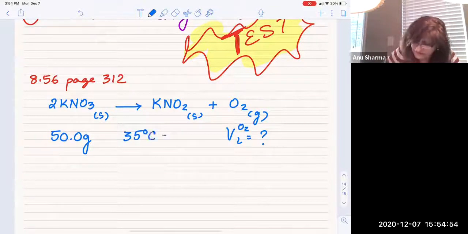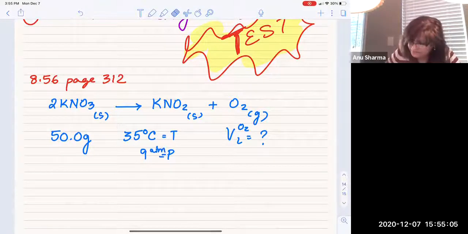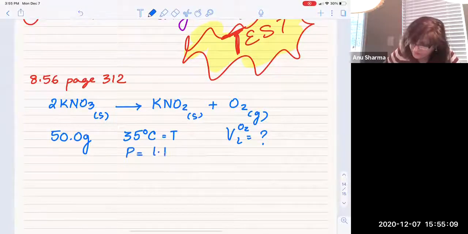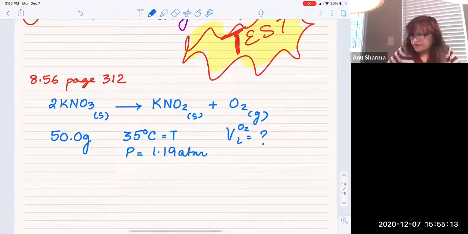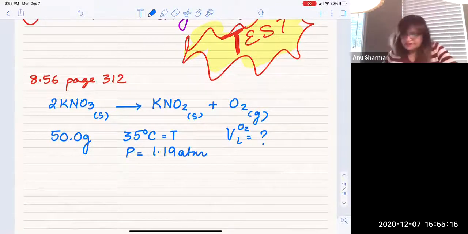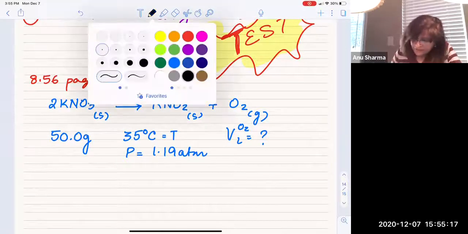That's the temperature, and the pressure is 1.19 atmosphere.